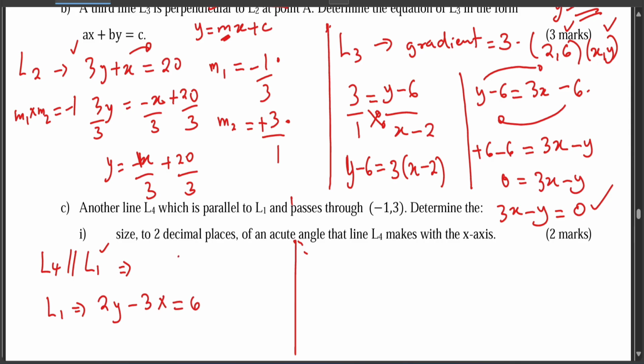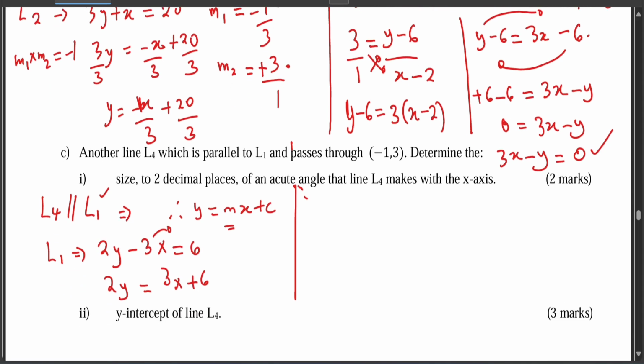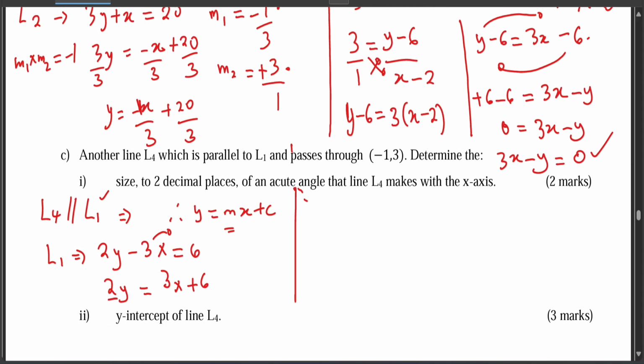So ifanye in the form of y equal to mx plus c. Tutafute gradient. So utaiandika 2y, negative 3x utapeleka the other side, or positive 3x plus 6. And then divide by 2. So and therefore y itakuwa ni 3 over 2 x plus 3.